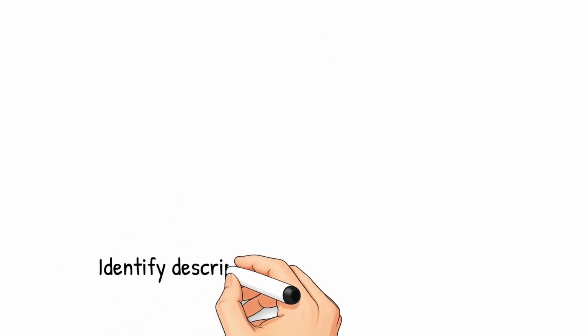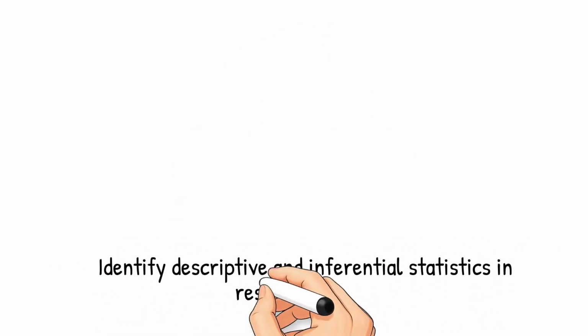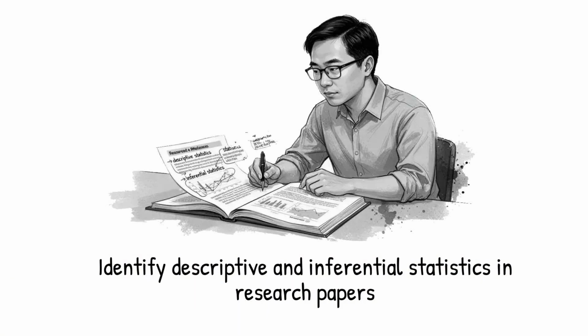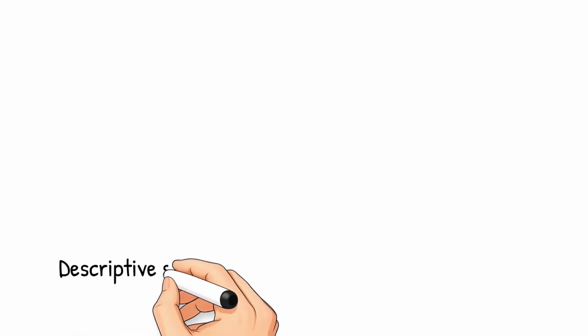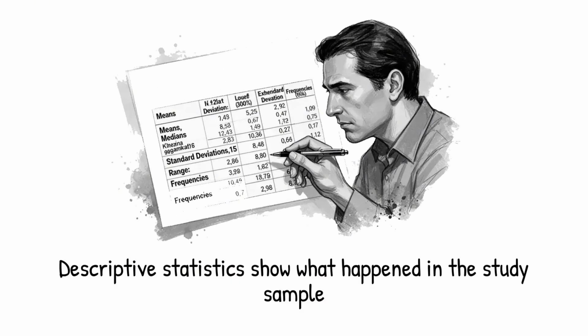The sixth and final thing you look for is the statistical analysis. There are two broad categories: descriptive statistics and inferential statistics. Knowing the difference changes how you read every number in a paper. Descriptive statistics describe what happened in the sample: means, medians, standard deviations, ranges, and frequencies.